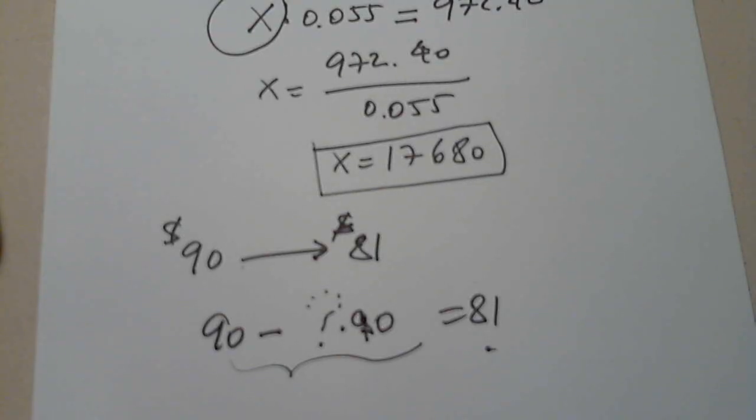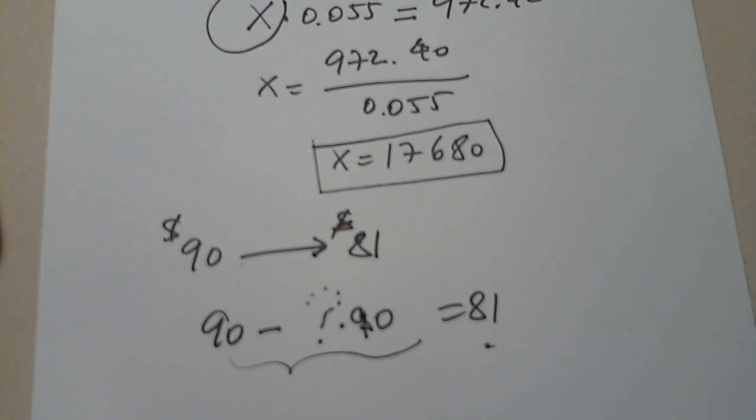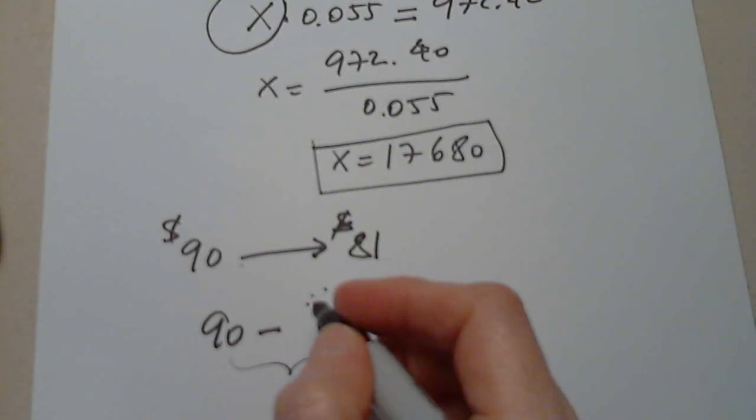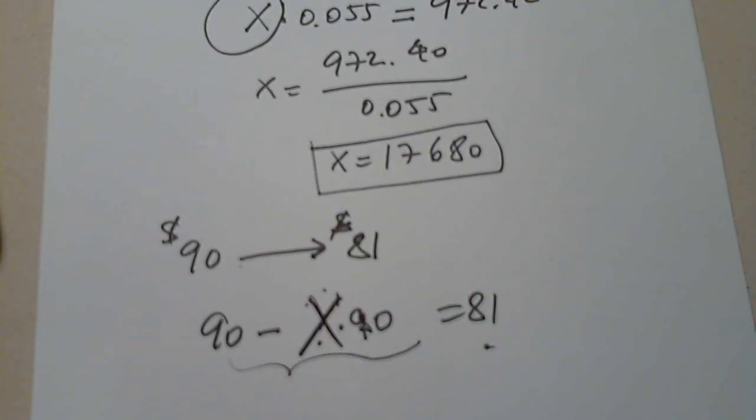So from the original price of 90, something has to be subtracted. But what do I subtract? A percent of 90. So x will be what I'm looking for: the percent decrease of the original price, which is 90.